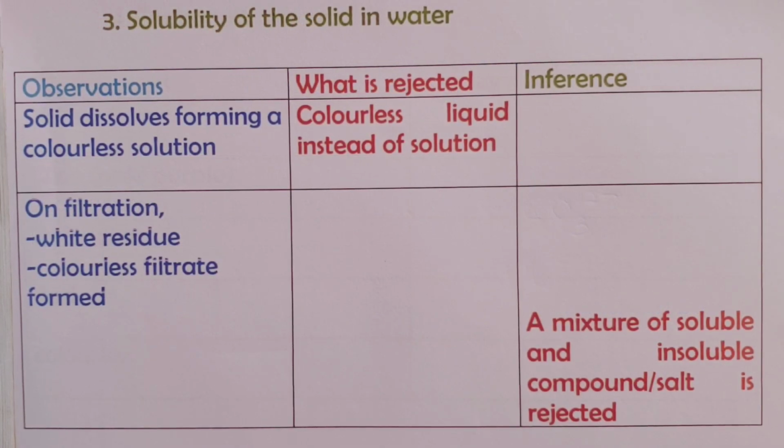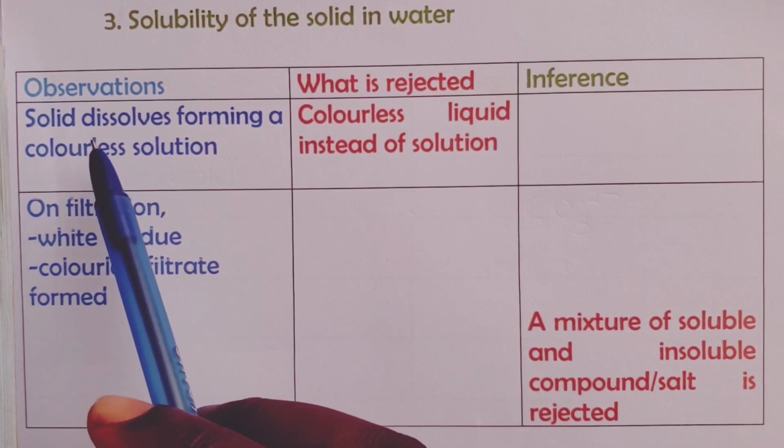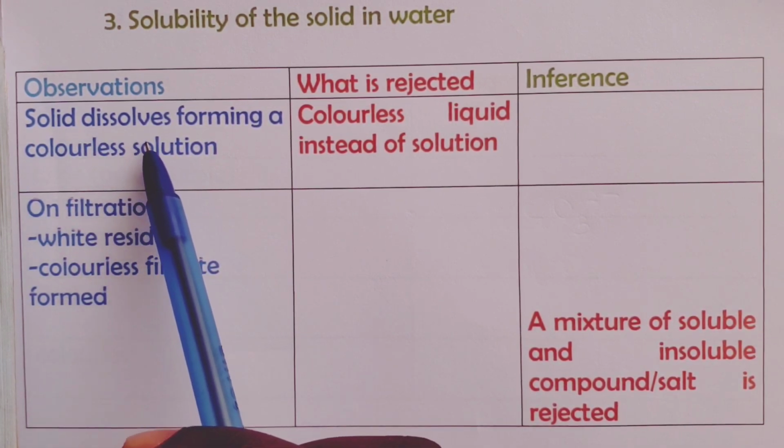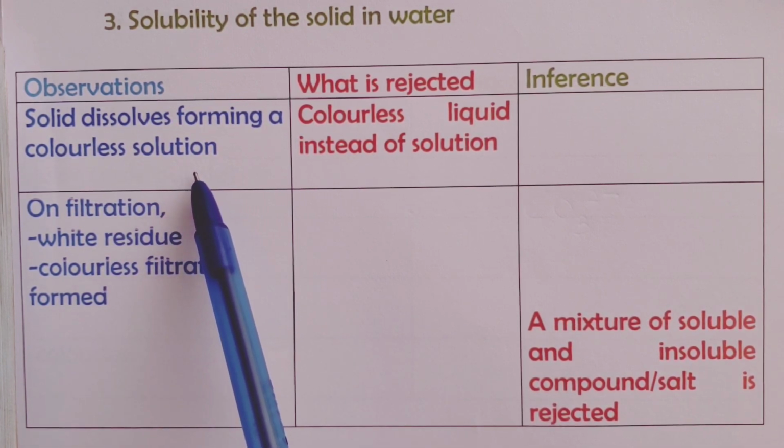So when a candidate is asked to add water to the solid and make observations and inferences, we have a few of these expectations. Number one, the solid may dissolve in the water to form a colorless solution.